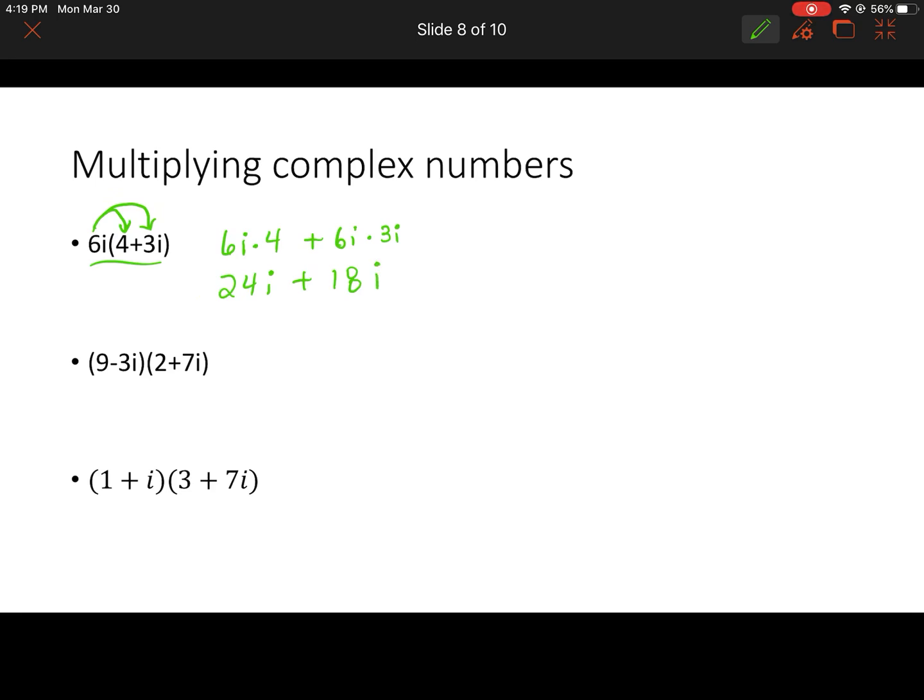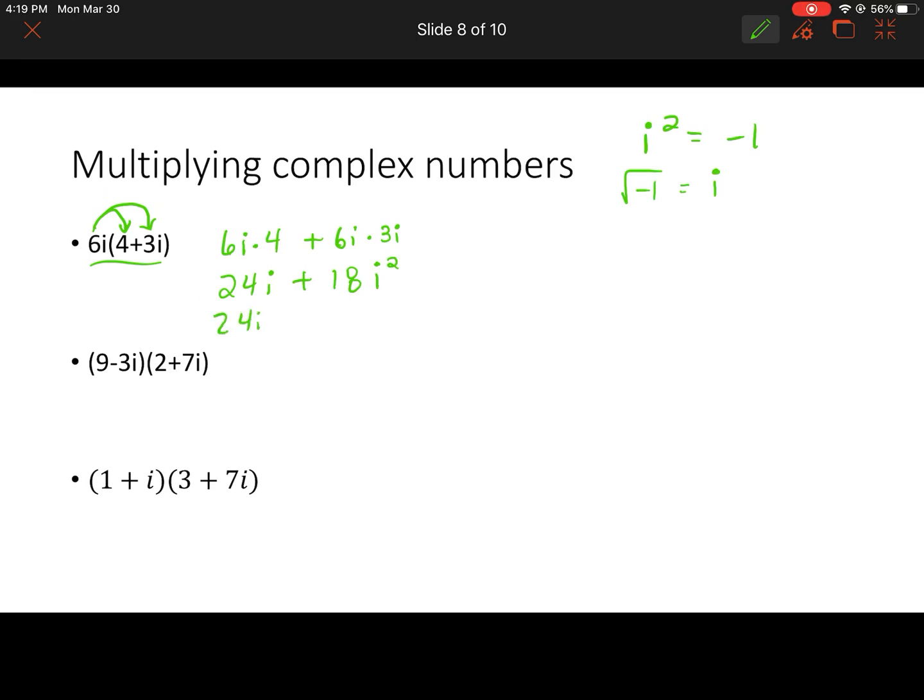And then i times i, that's going to be i squared. But this is a little bit weird because you don't want to leave i squared. Anytime you have i squared, you want to remember this. It equals -1. Okay, because remember, the square root of -1 equals i. So if you square both sides, then you should get -1 once you cancel out the square root.